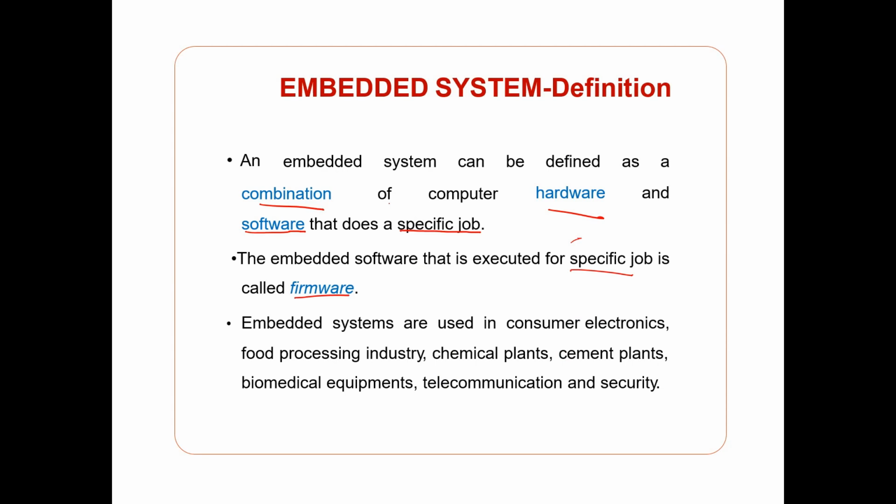If you look at embedded system applications, they are used in almost all fields of the consumer: consumer electronics, food processing industries, chemical plants, cement plants, biomedical equipment. It includes telecommunication industries, along with security systems also.